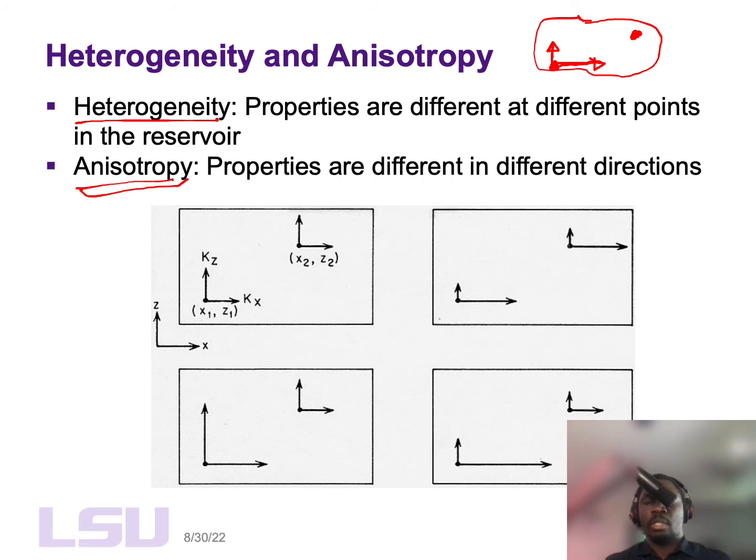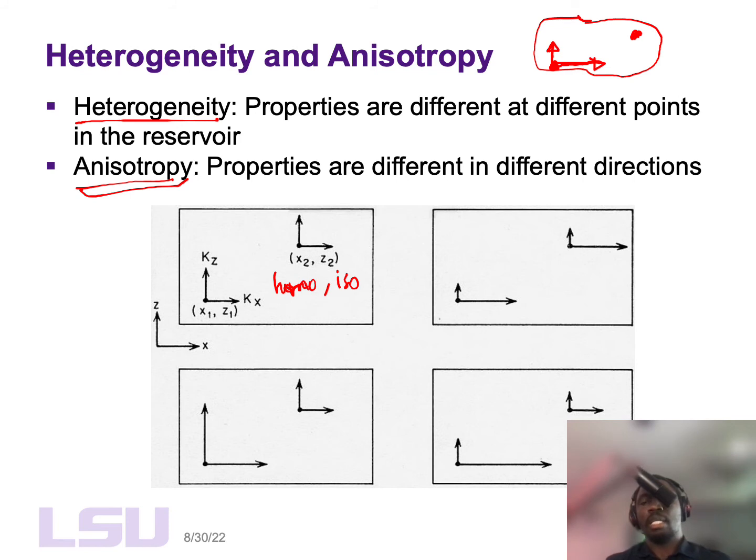And so I show different images here to illustrate different combinations of both. In this case, the lengths of these vectors are indicative of their magnitude. So kx is approximately equal to kz, right? So that is isotropy. And then the lengths of these two are pretty much similar to the lengths of these two. So we're assuming they are the same, and this will be homogeneous. So it's both homogeneous and isotropic. But here, is the length of this the same as this length?